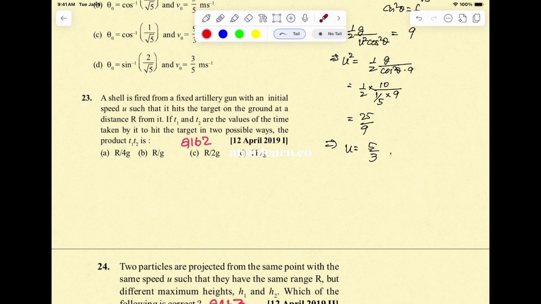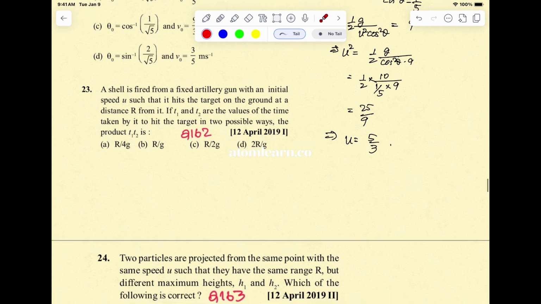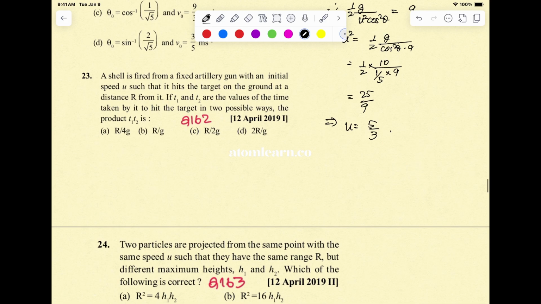A shell is fired from a fixed artillery gun with the initial speed u such that it hits the target on the ground at a distance r from it. If t1, t2 are the values of the time taken by it to hit the target in two possible ways, the product is?